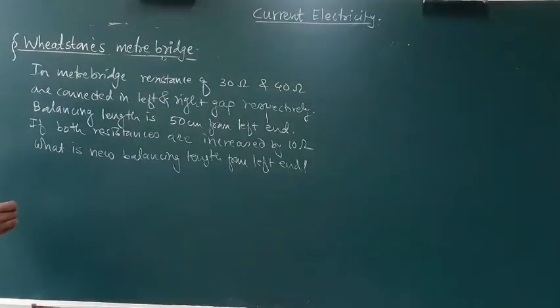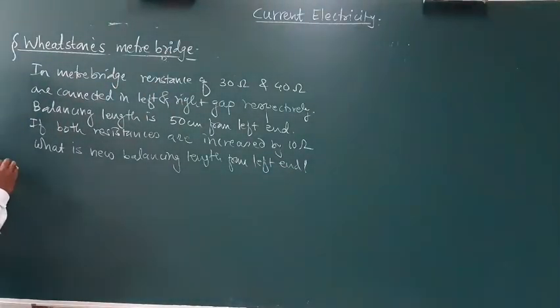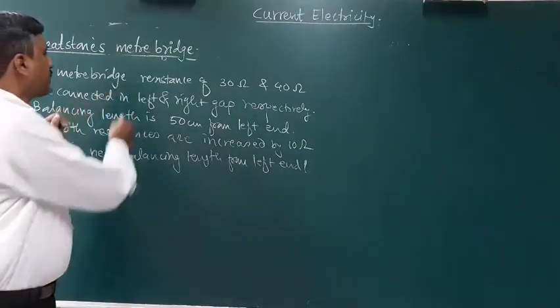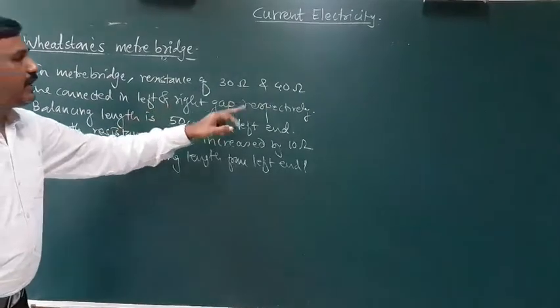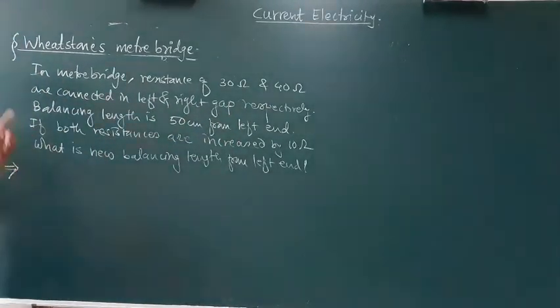Now the answer is also simple. In a meter bridge, resistances of 30 and 40 ohm are connected in the left and right gap respectively.